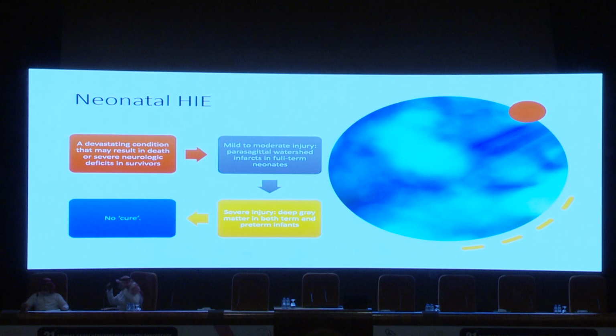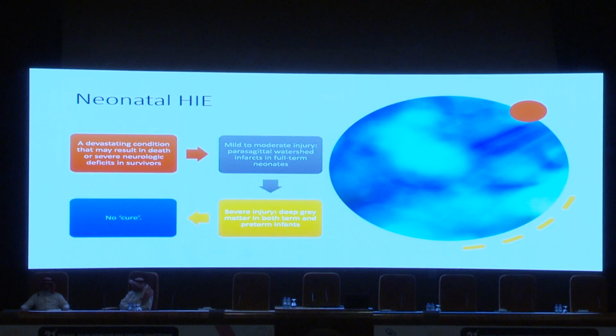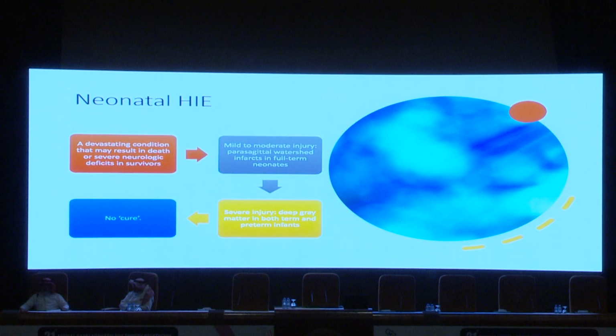So HIE, probably everybody here knows hypoxic ischemic encephalopathy, sometimes we call it birth asphyxia. It's a devastating condition that may result in death or severe neurological injury in babies who survive. A mild to moderate injury causes parasagittal watershed infarcts in full-term neonates.